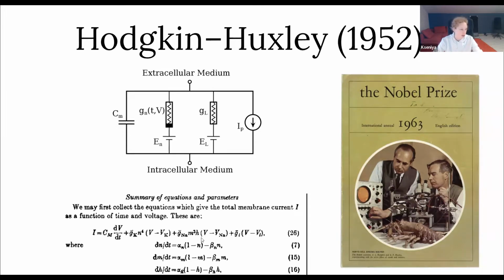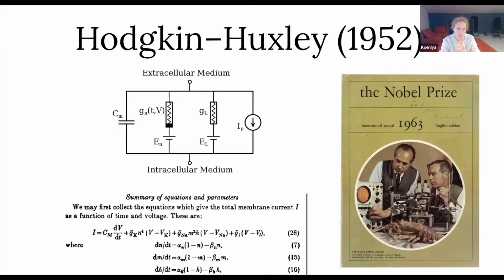So this is a citation of their original work: the equations for the dependencies of ion currents of different channels on potentials and time. The equations included the rate constants of the reactions of closing and opening channels. Thus, Hodgkin and Huxley introduced the concept of channels that hadn't yet been discovered.